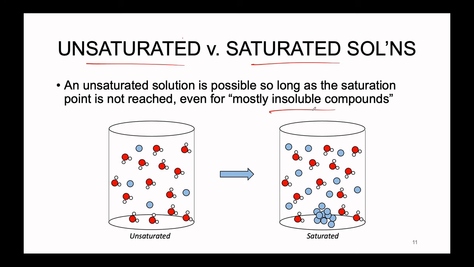It's just, what is that capacity? Some substances like sodium chloride have incredibly high KSPs, meaning you can dissolve a whole bunch of it before you reach that limit. Some substances like our lead iodide that we just looked at have a much smaller limit. Their KSPs are very, very small.